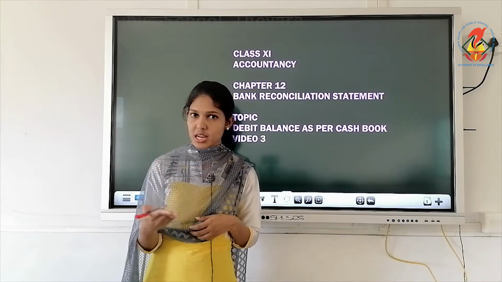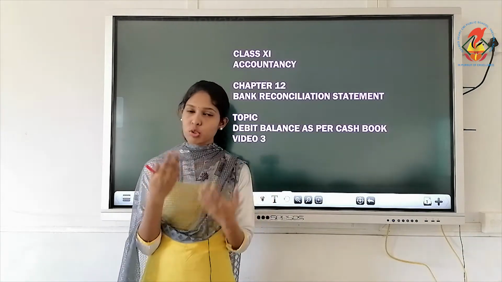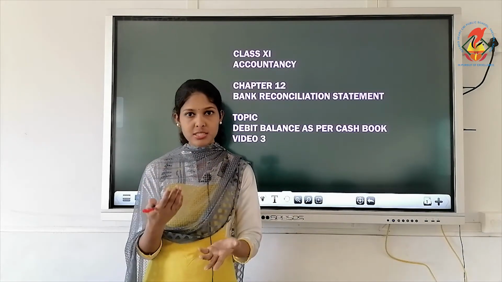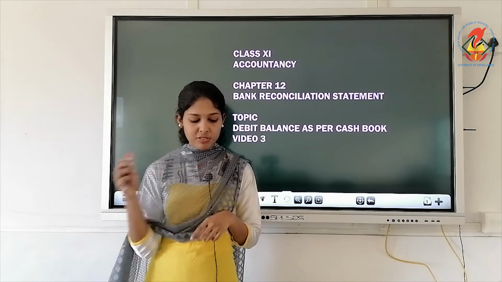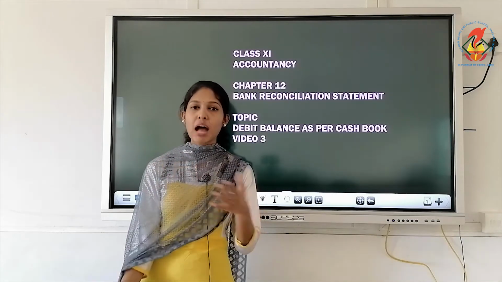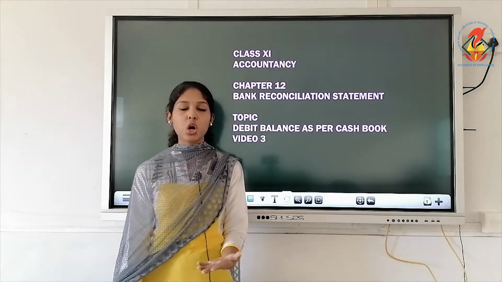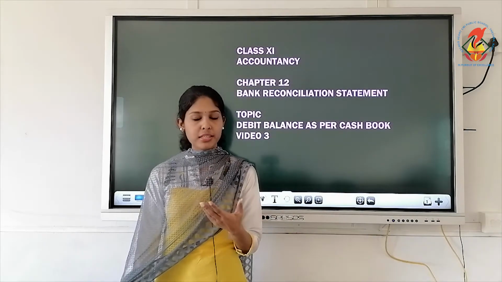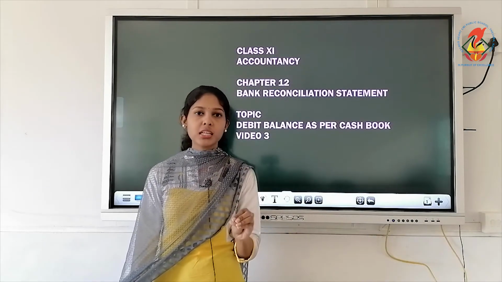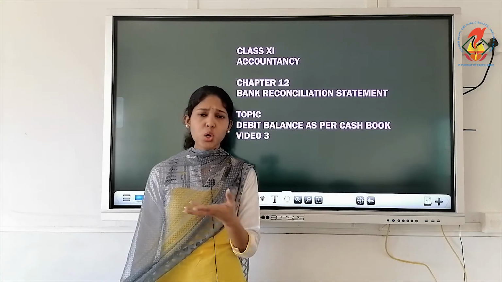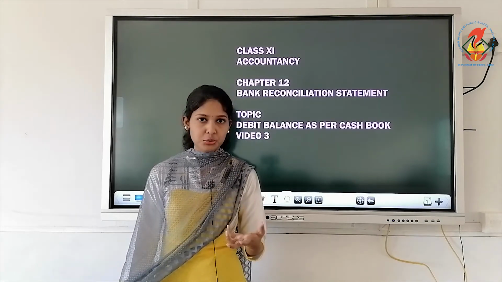So, you can either start with cash book balance, or if you want you can start with passbook balance. In these types of questions, if they don't specify whether to start with cash book or passbook balance, you can start with either of the two, that is up to you.